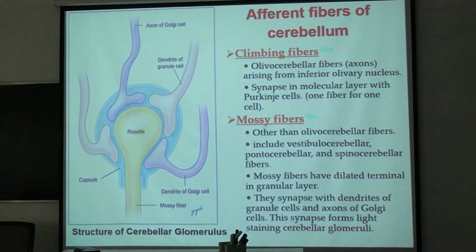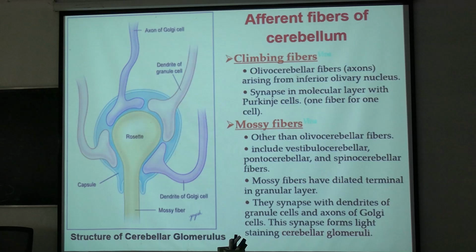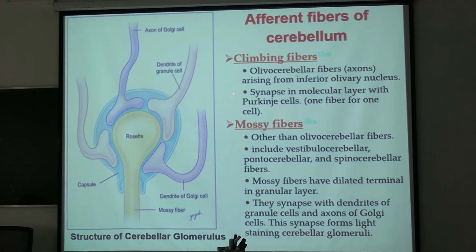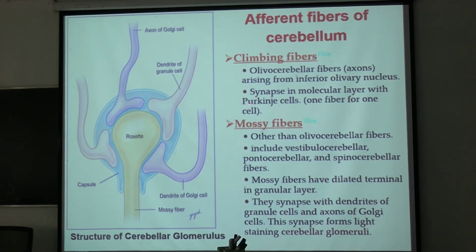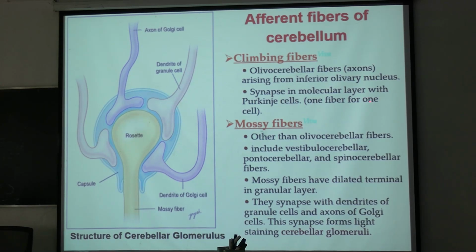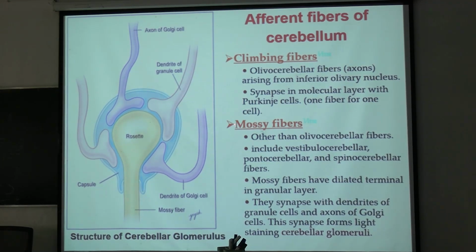What are the afferent fibers of the cerebellum? Climbing fibers. Climbing fibers reach up to the molecular layer. They are olivocerebellar fibers, axons arising from the inferior olivary nucleus. And they synapse in the molecular layer with the Purkinje cells, one fiber for one cell. And mossy fibers.